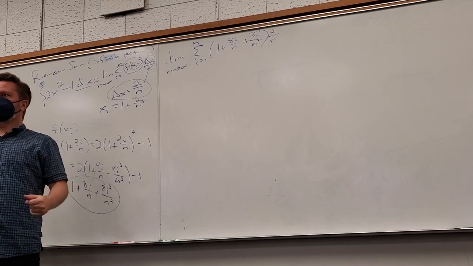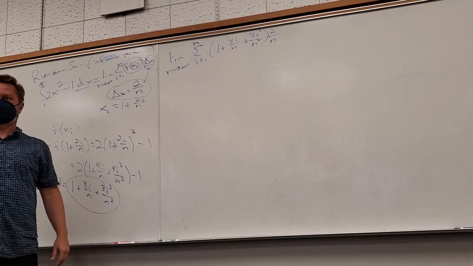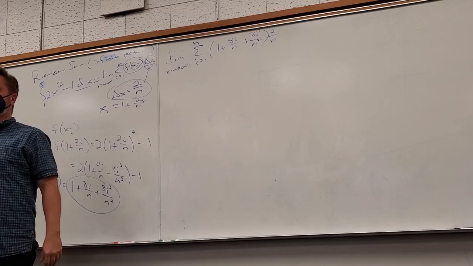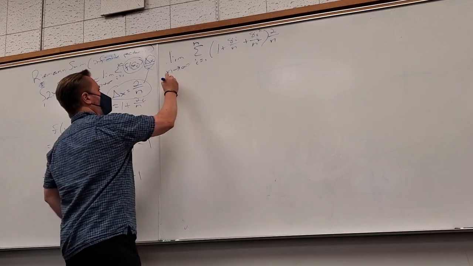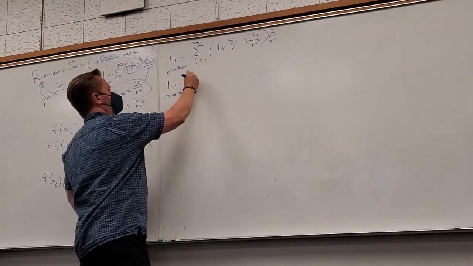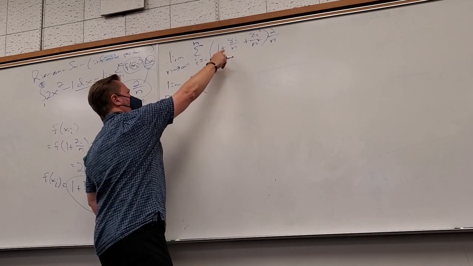And now of course you see, what can you do? What can I take out right now? 2 over n. I could, yeah. And again, there's a lot of different ways to do this. And I can break each sum up, right?